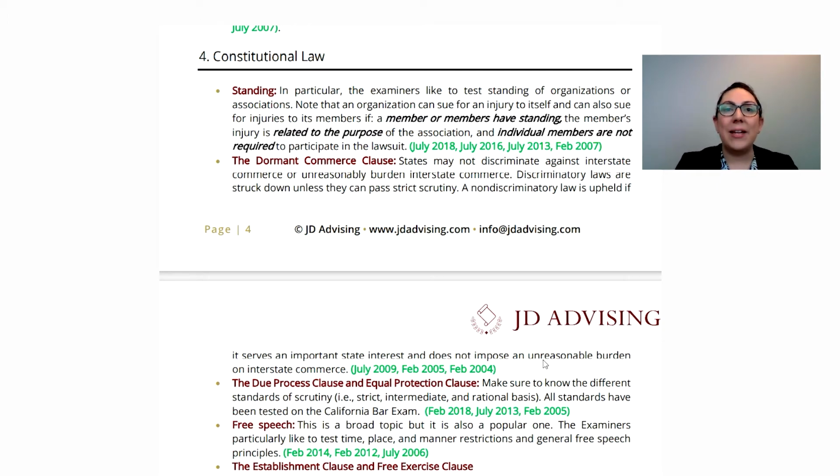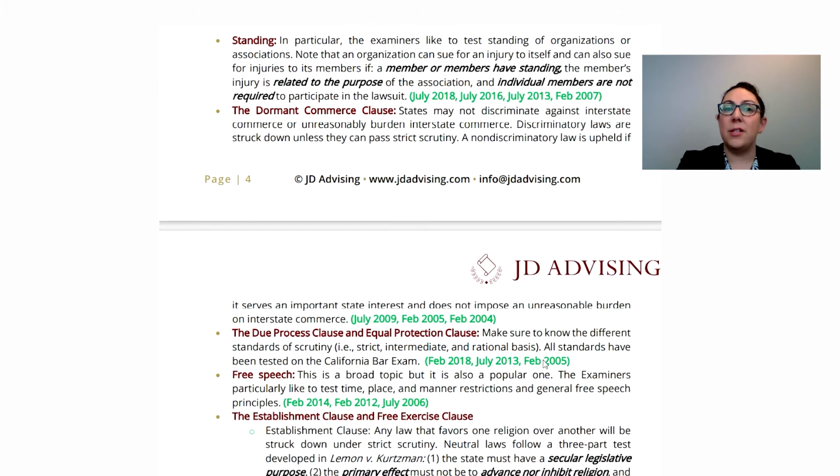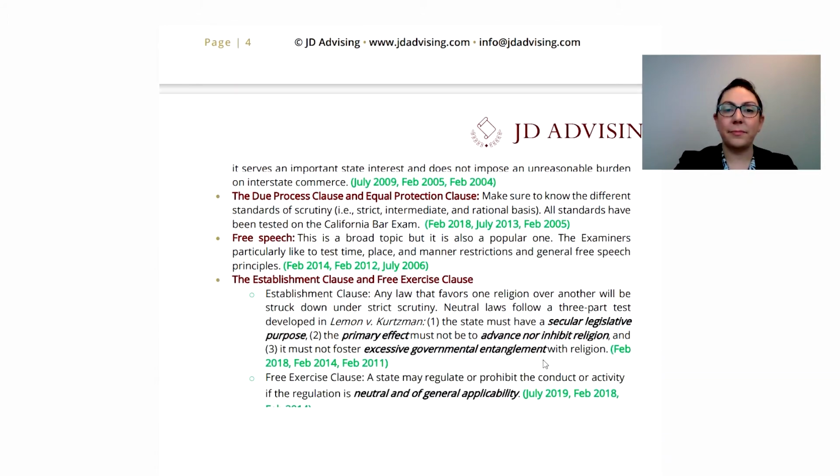It's not always super clear that you need to discuss standing, but it's a good idea to include a brief discussion of whether the parties have standing to bring this lawsuit, before really getting into the heart of these various substantive issues, such as the Dormant Commerce Clause, the Due Process Clause, the Equal Protection Clause. It appears that they often give points for at least a brief discussion of standing based on what we've seen from the highly scored student answers.